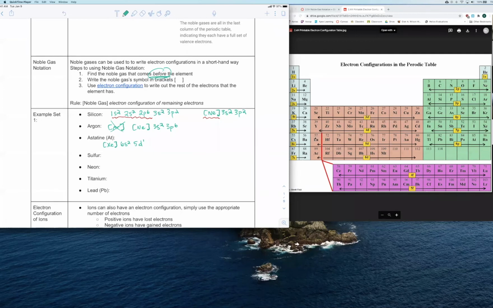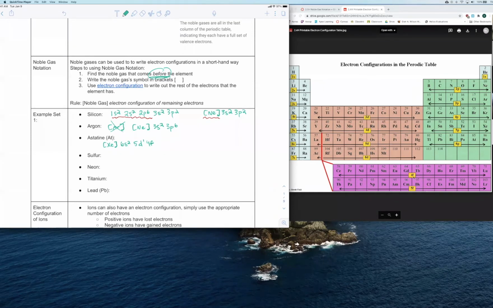It doesn't go directly from 57 to 72. You have to go into the f block this time. So you would have 57, and then 58 would be right here. And 58 is in the 4f block. So this would be 58 all the way to 71, and then you would go from 71 to 72. So there's a section that it breaks off into. This is the 4f section.